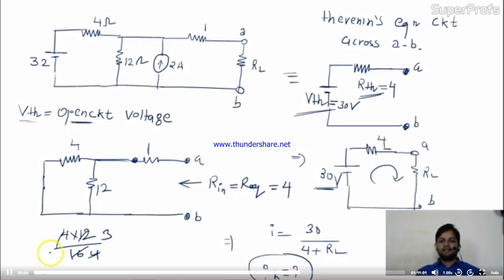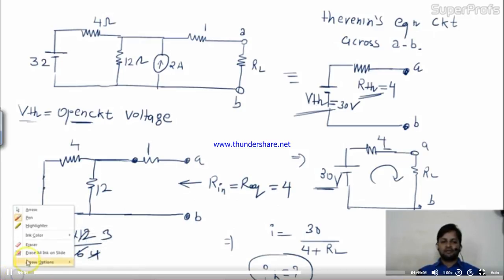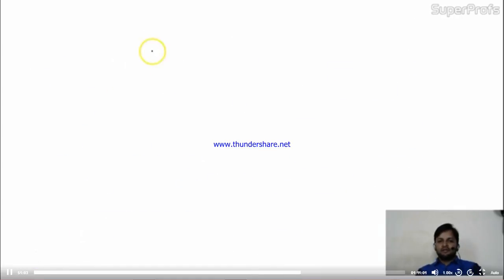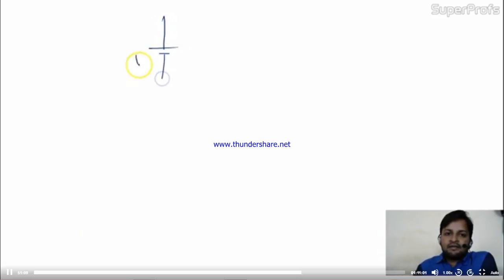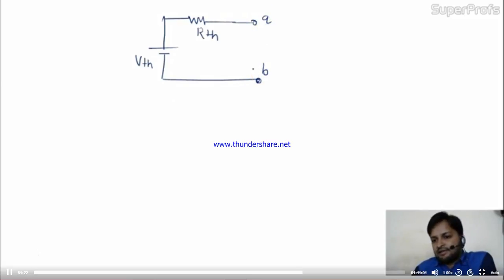by Thevenin theorem. So friends, see one more thing here. Wait a minute. We have seen we are replacing the circuit by a single source, that is VTH, and a single resistance, that is RTH, across the terminals A and B. Is it okay?